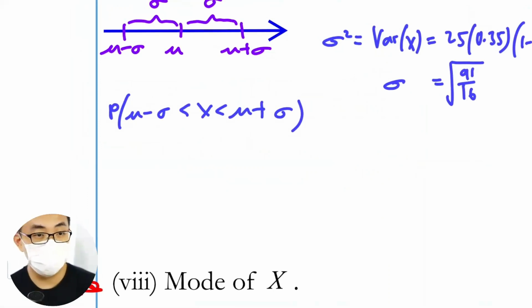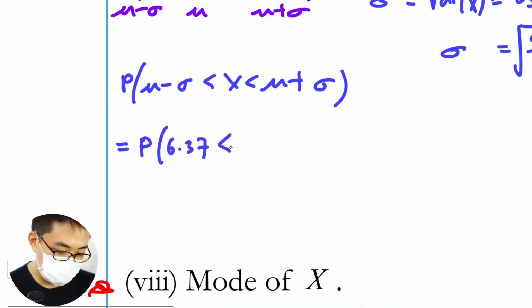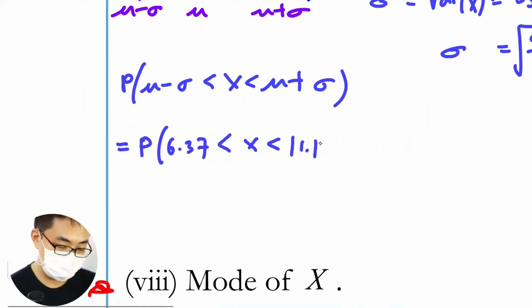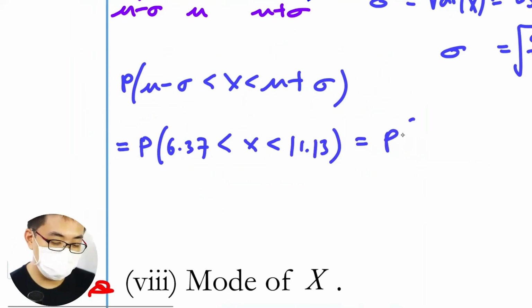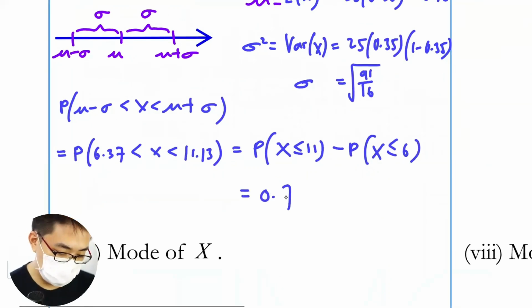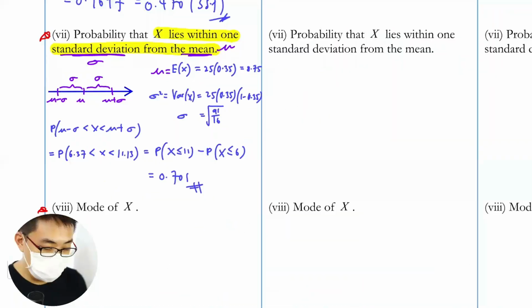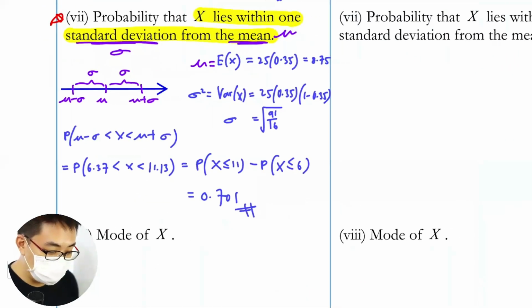Then once done, this will be the probability. You just key in the calculator: P(X less than or equal to 11) minus P(X less than or equal to 6). Okay, there you go. One standard deviation from the mean, we will use quite often.